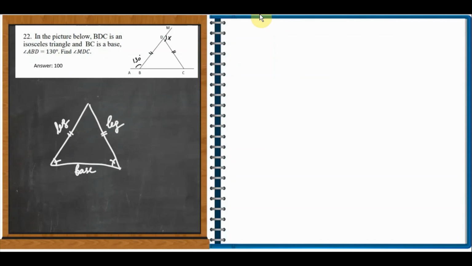So that's X. Now we need to know the property of exterior angle: the sum of exterior angle and interior angle is going to be 180 degrees. Since exterior angle is 130, we will write angle DBC is equal to 180 degrees minus 130 degrees, which is going to be 50. Therefore, the angle C is 50. And then we can find exterior angle x.